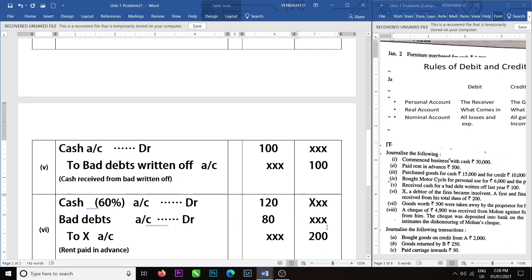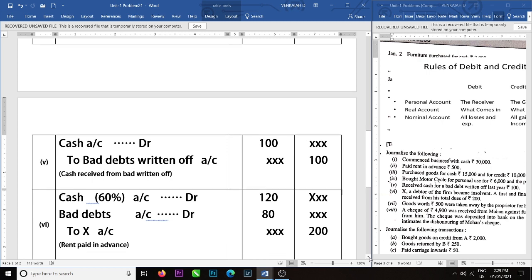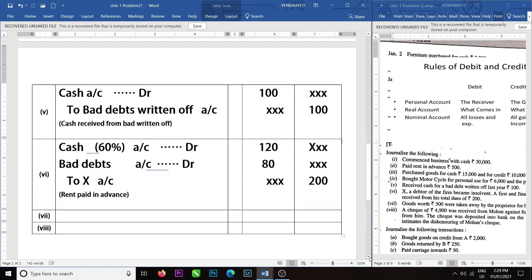His dues are 200, and we received a first and final dividend of 60% from his total dues. Out of 200, 60% is received. The balance is bad debts, which we cannot recover from him.